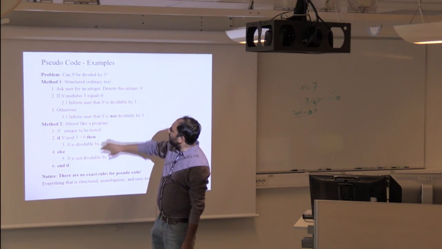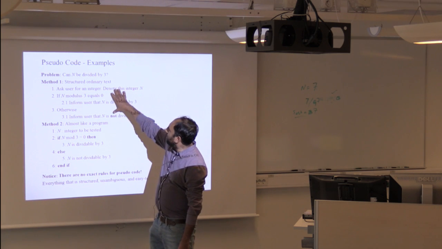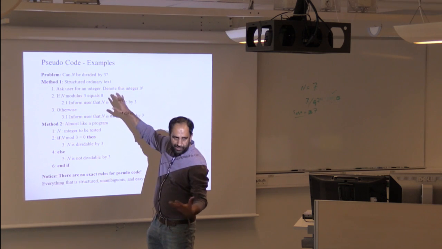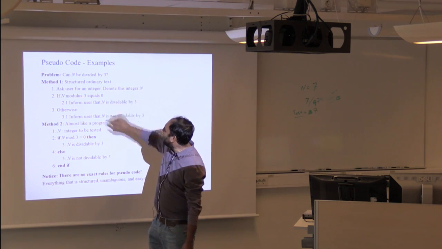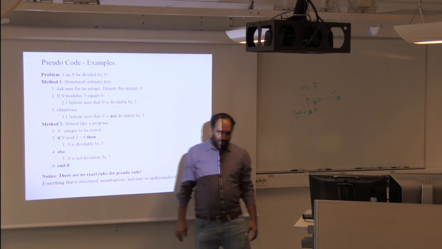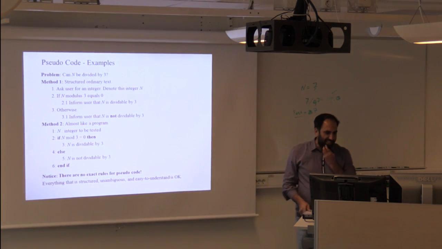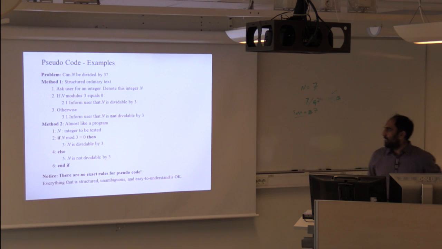Although it's acceptable, it's more text oriented, with more details. But method 2 is more like programming syntax, and it's more precise and suitable for programming. It's up to you; you can use either of these two methods.